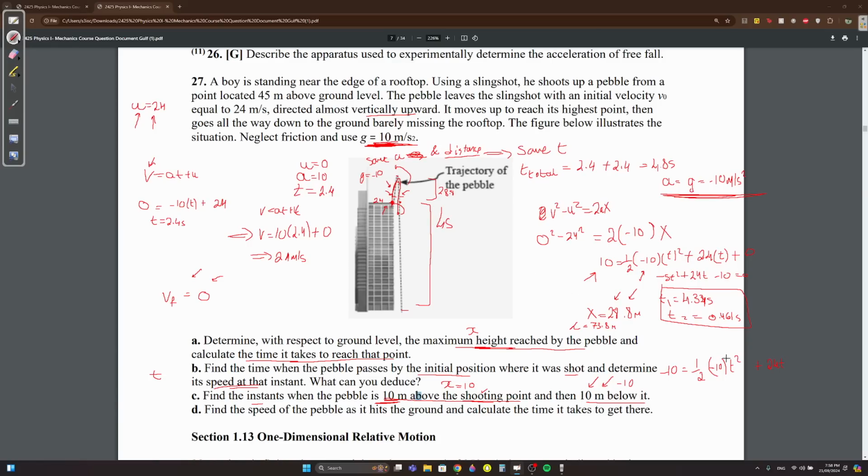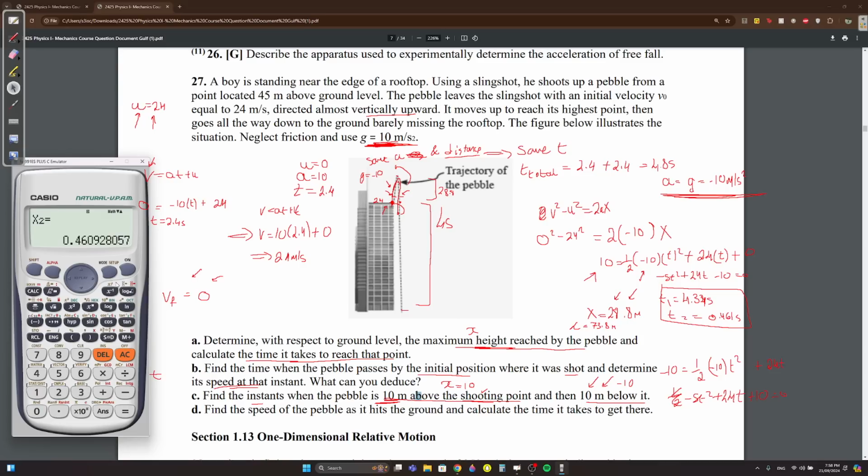So you're going to get half, minus 5t squared plus 24t plus 10 equals 0. Again, calculator: minus 5, 24 on top, 10. You get 5.18 and negative 0.3. So surely only one solution, which is here.